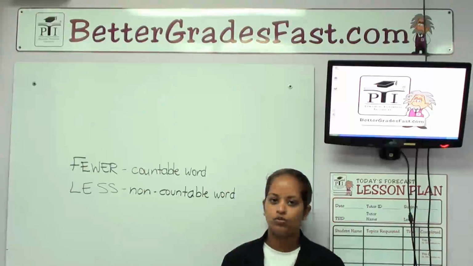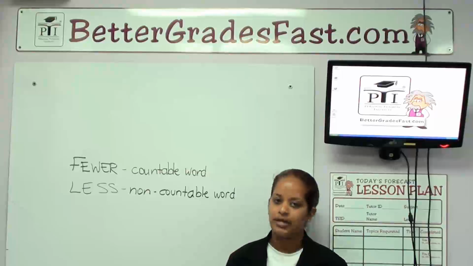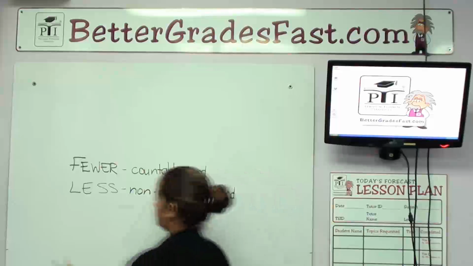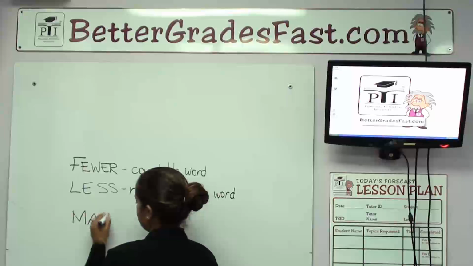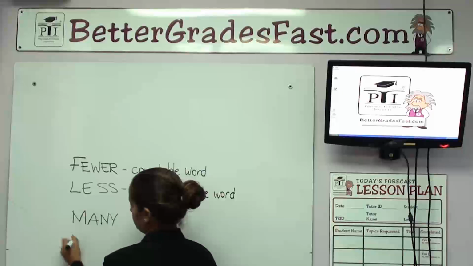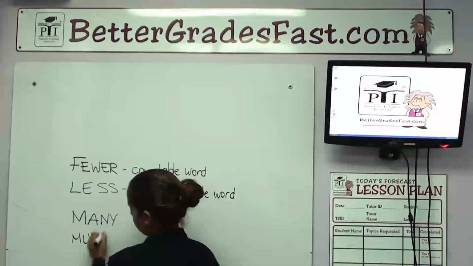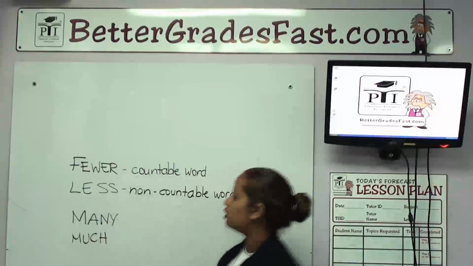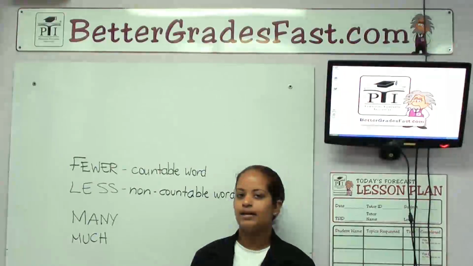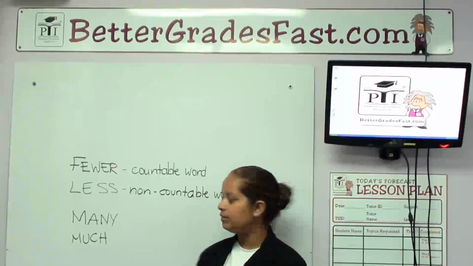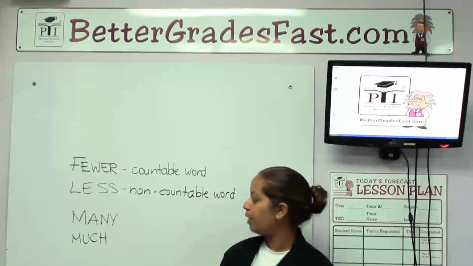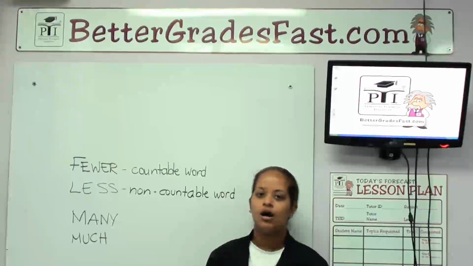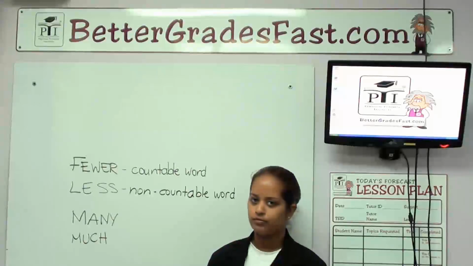Further to this rule, you have the words many and much. Just like fewer and less, many is a countable word. Much is a non-countable word.